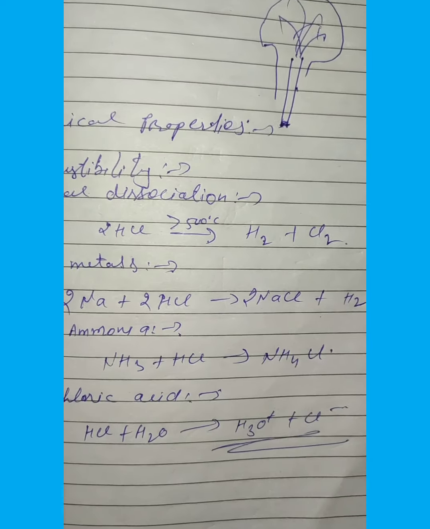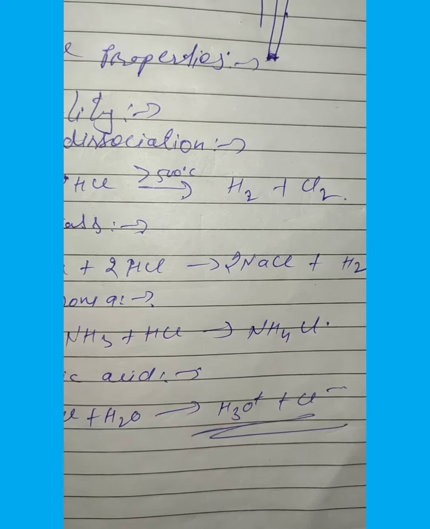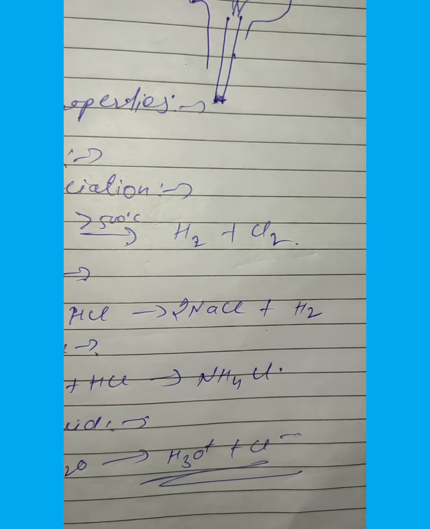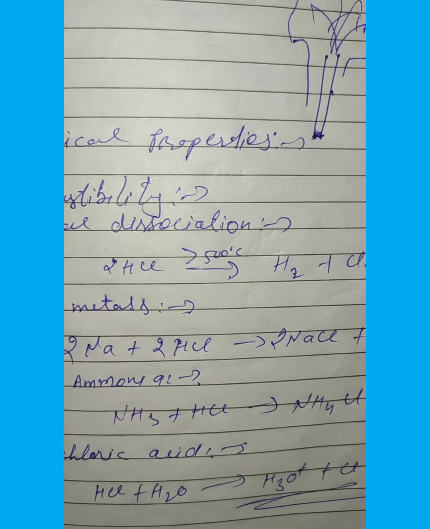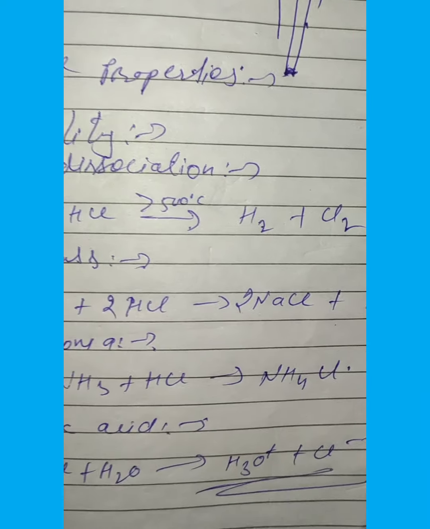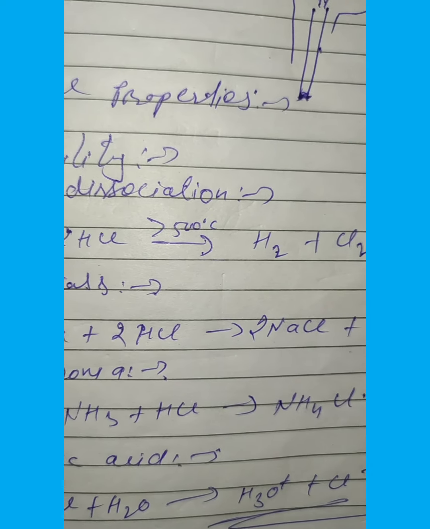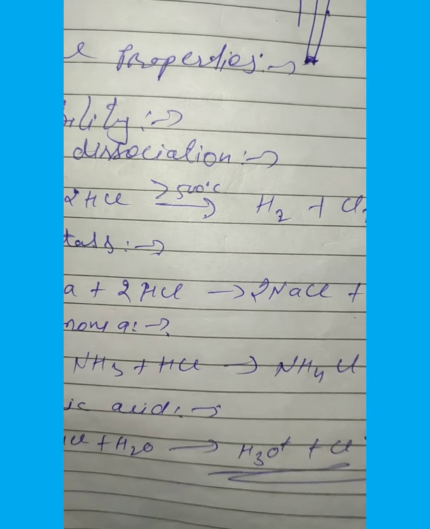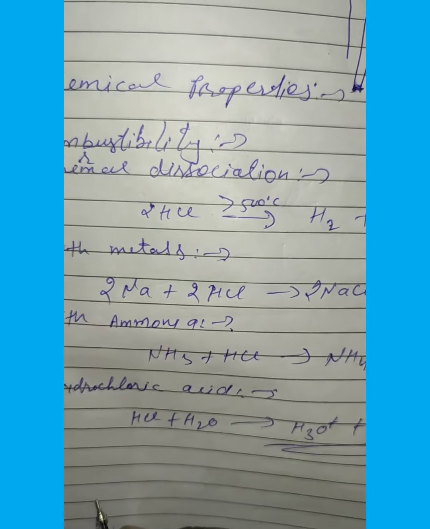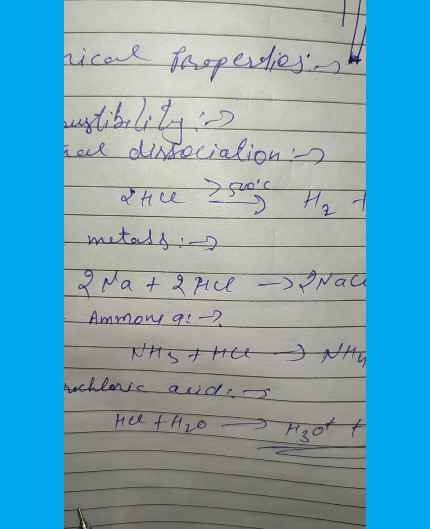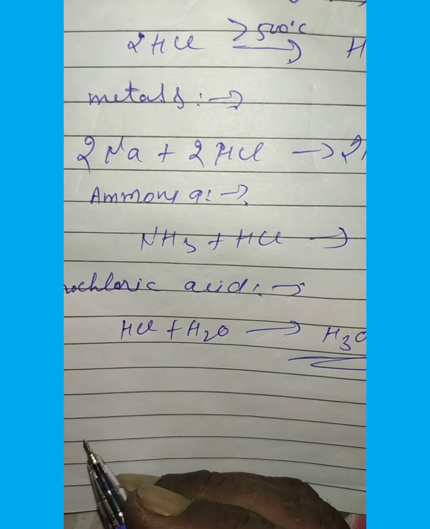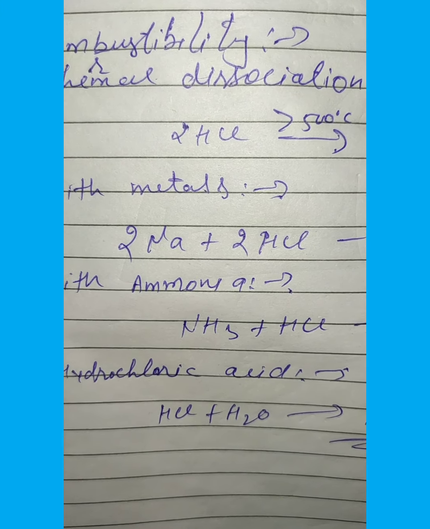The funnel minimizes back suction of the water and provides a large surface area for absorption of HCl. The reactants used are sodium chloride and concentrated sulfuric acid to set up the apparatus for the preparation of hydrogen chloride gas.